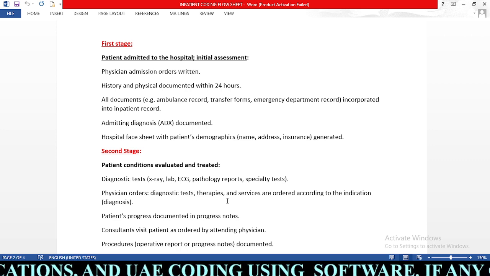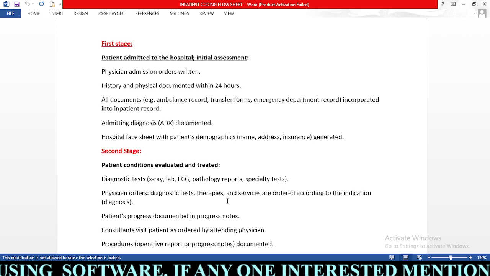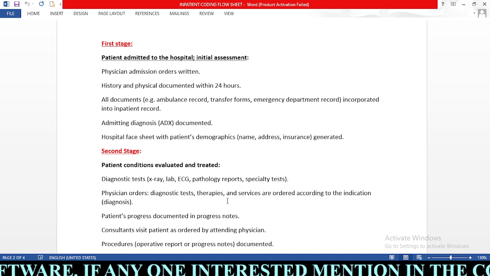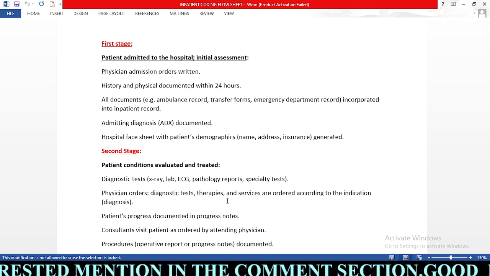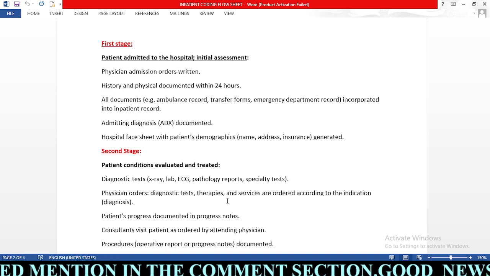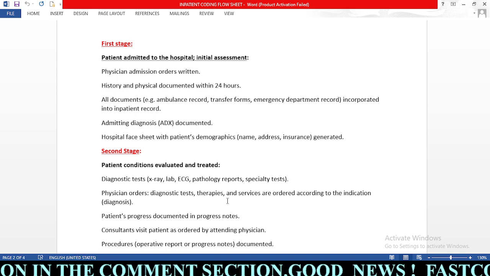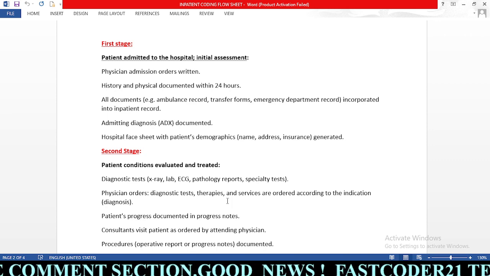As all of us know, the inpatient record consists of various records including the ambulance record, transfer forms, and ED records. After that, the admitting diagnosis will be documented and also a hospital face sheet with patient demographics like name, address, and insurance will be generated in the first stage.